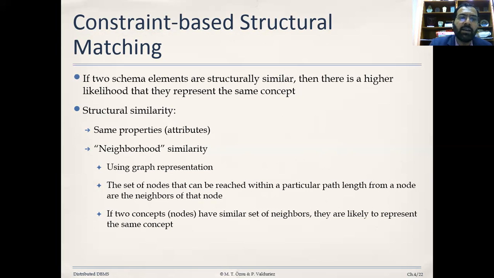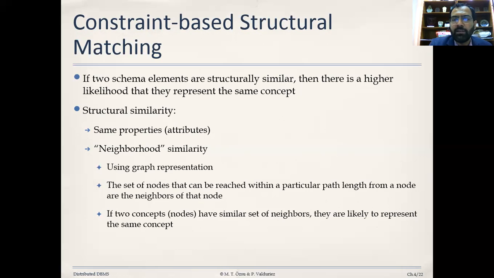So when we talk about structural similarities, one thing is called the same properties, like attributes. When we match them, we say, okay, this attribute is the same as this attribute, representing the same thing. So these are called the attribute properties if they are the same. Second is called neighborhood similarity.